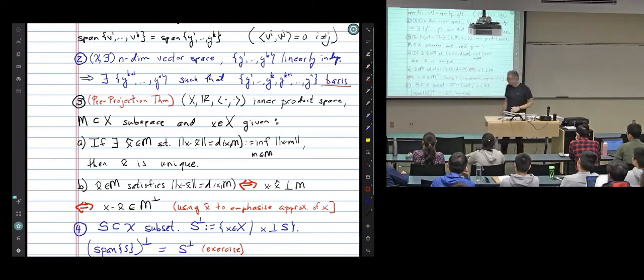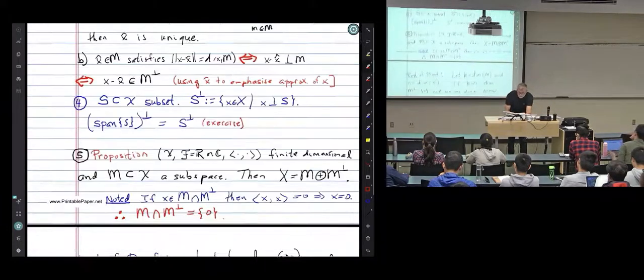As long as X is finite dimensional and I can write it as M plus M perp, this thing is going to be very easy to find, such that the error vector, what's missing from x when you approximate it by x hat, the leftover, the error, is in the orthogonal complement. But with X being M plus M perp, we're done. Projection theorem.